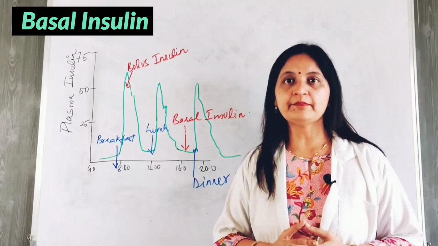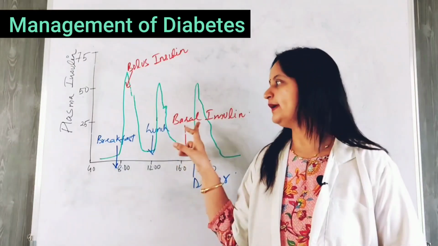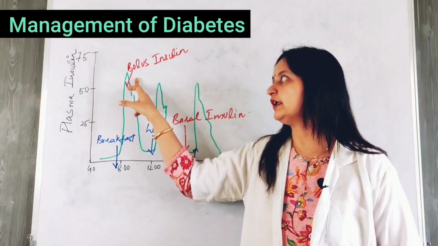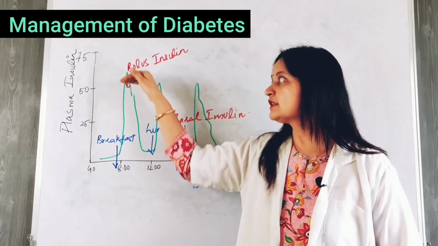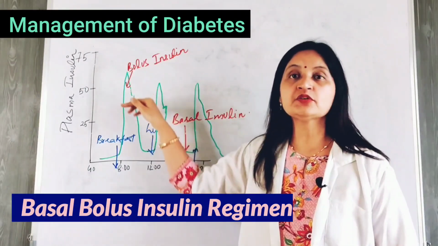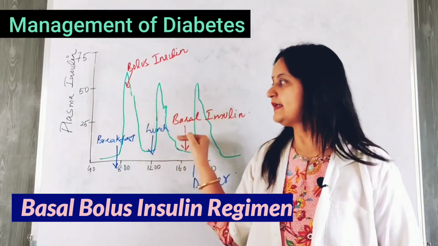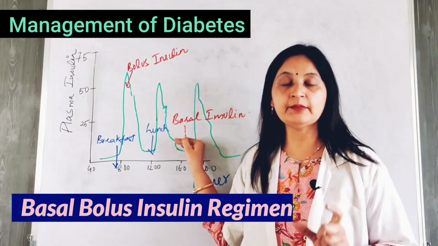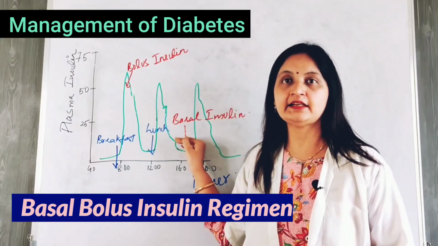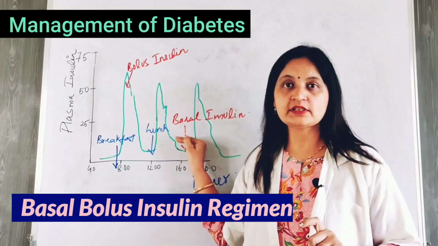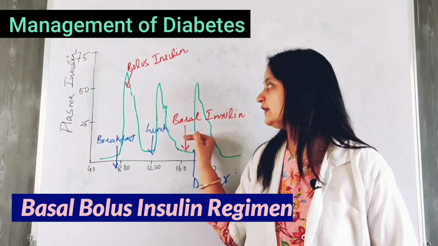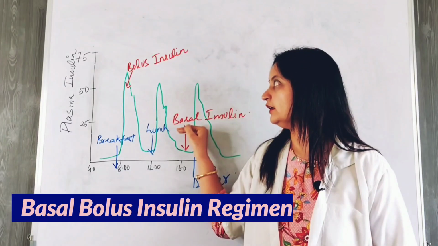So the management of diabetes requires a combination of basal insulin and bolus insulin. The bolus insulin reduces the spike in the blood glucose level after meals, and the basal insulin helps to maintain the blood glucose level in the normal range.